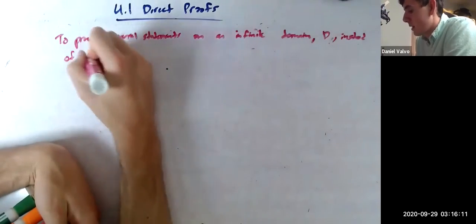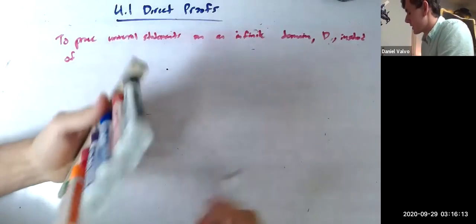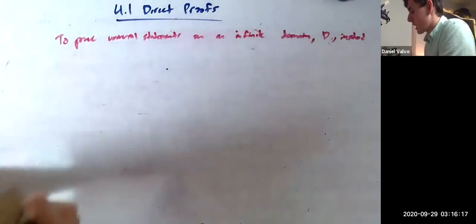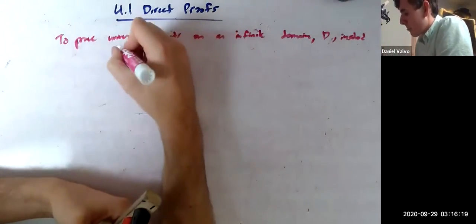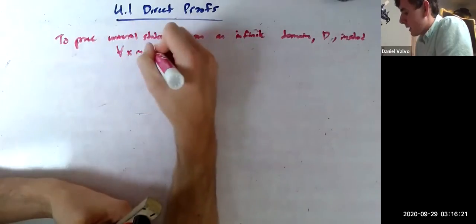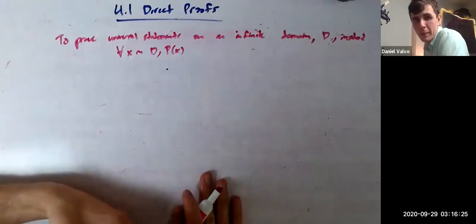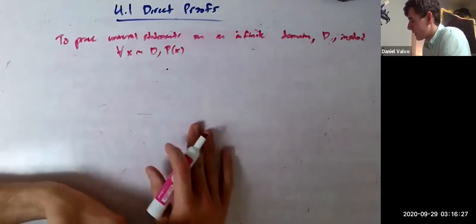Instead, for example, let's say we're trying to prove for all x in D, P of x, right? And D is an infinite thing.